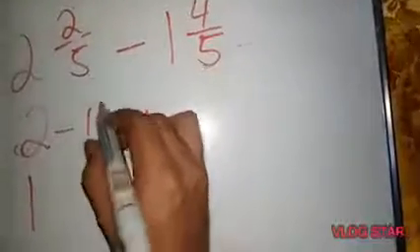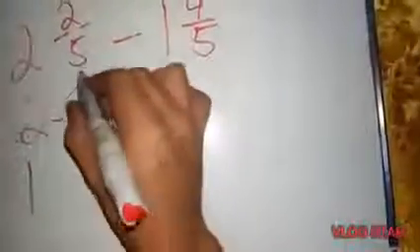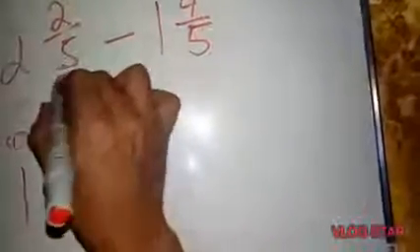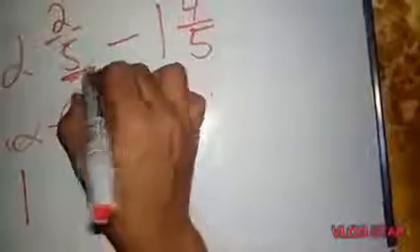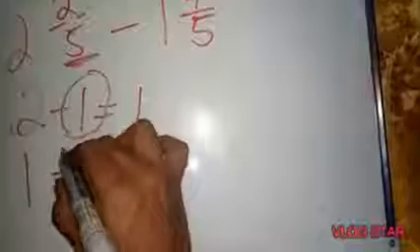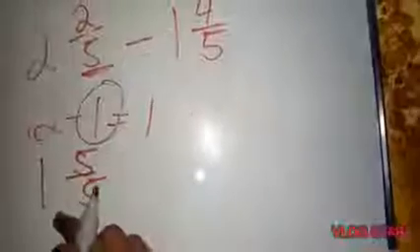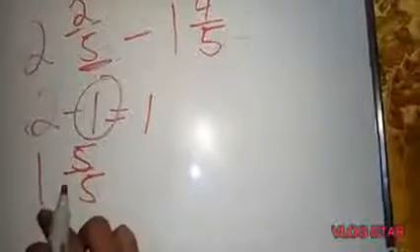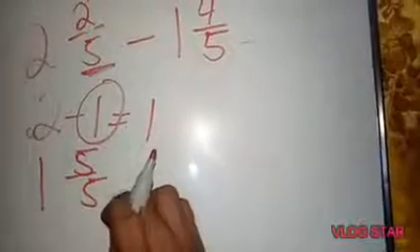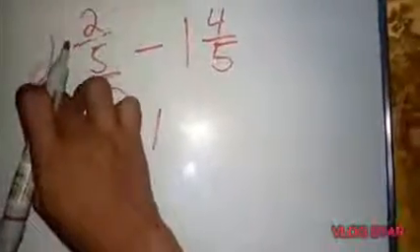Then this 1 part will be converted into a fraction. Since the denominator is 5, we will just copy 5 over 5, because 5 over 5 is equal to 1. So when we convert this, 1 and 5/5, and it is equal to 2.